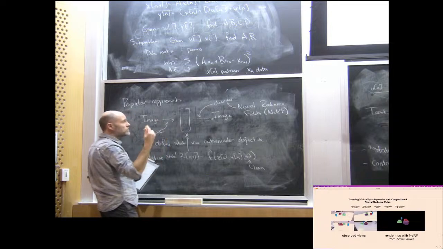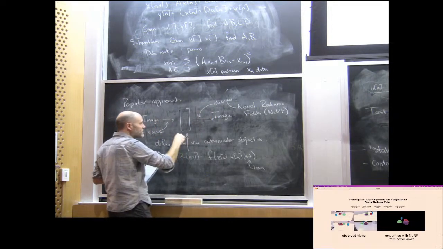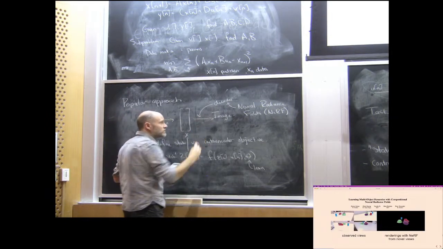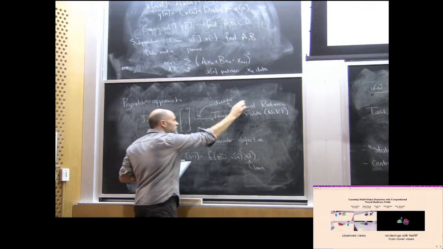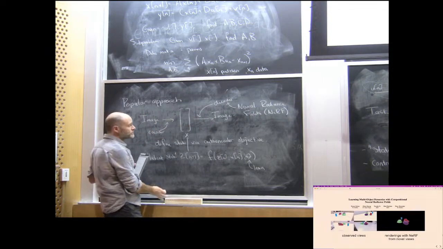Yunzu and his collaborators started coming up with latent states that had this extra requirement: they needed to be able to not only reproduce the image, but also do novel view synthesis, and they used this neural radiance field as a decoder.